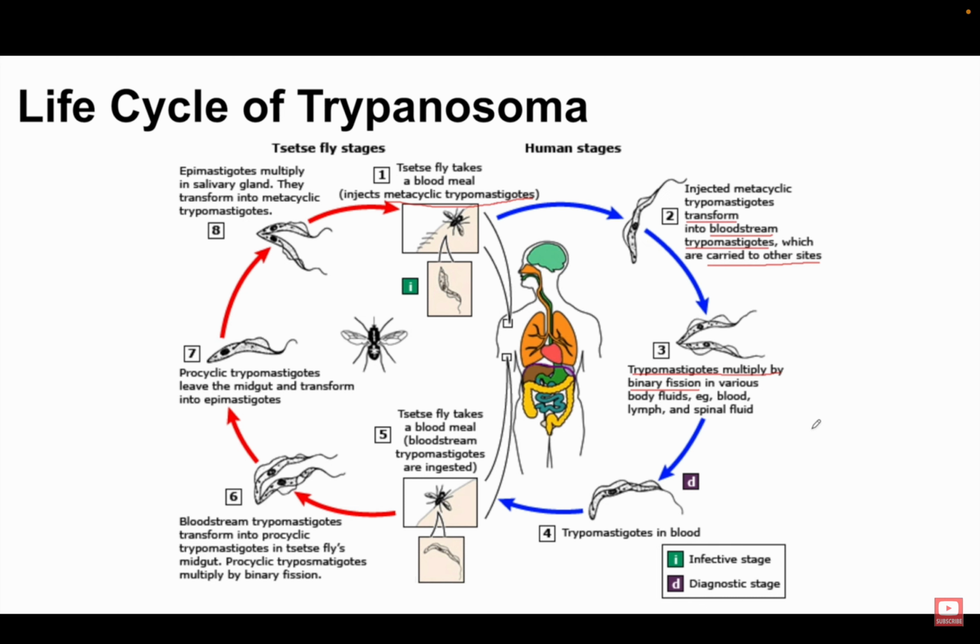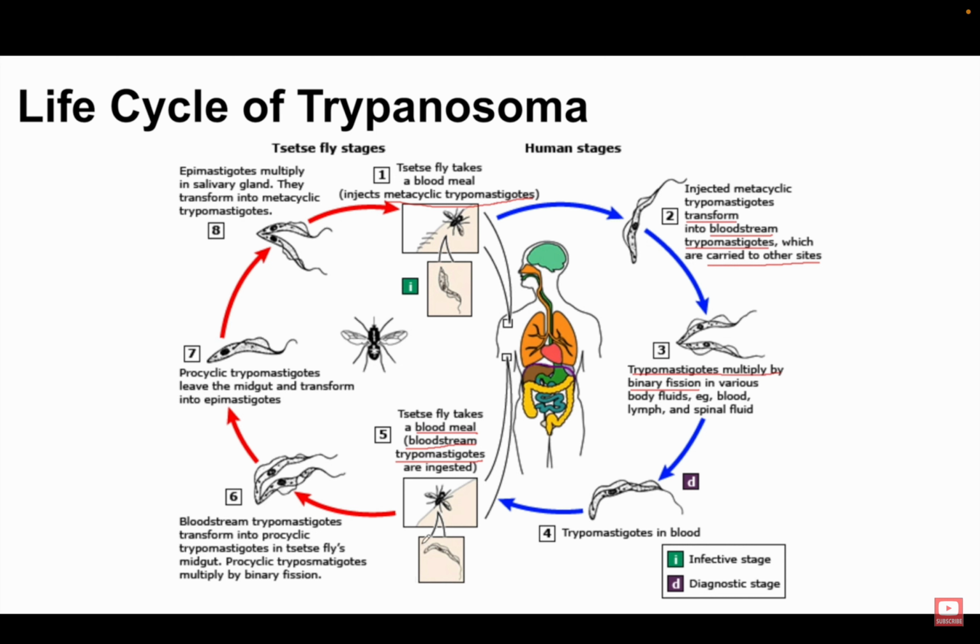Now, when trypomastigotes are inside the blood, if a tsetse fly encounters the person that is infected, the tsetse fly can take a blood meal and itself become infected with the bloodstream trypomastigotes. So the bloodstream trypomastigotes can be ingested by the tsetse fly from an infected person, and then the tsetse fly can be a carrier of these trypomastigotes that can infect other individuals later.